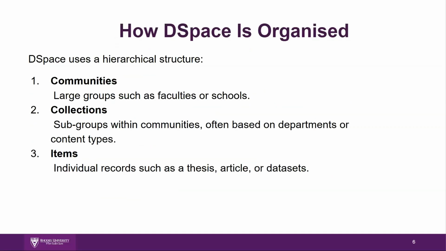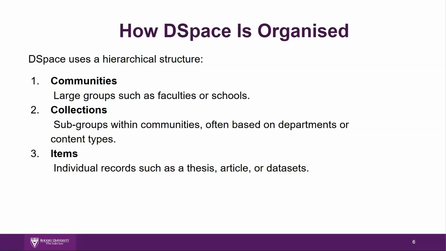So how is DSpace organized? The DSpace interface is organized into communities. You will see, when I take you through the DSpace repository, where we have communities. This will be your faculties or schools.